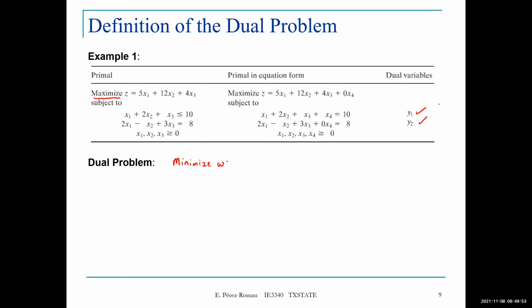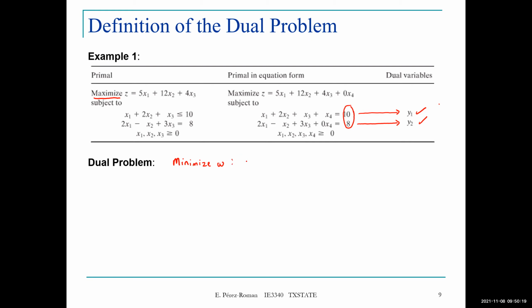So the coefficients of the objective function will be given by the right-hand side of the original constraints. Okay, so this is going to be 10 times y1 plus 8 times y2.